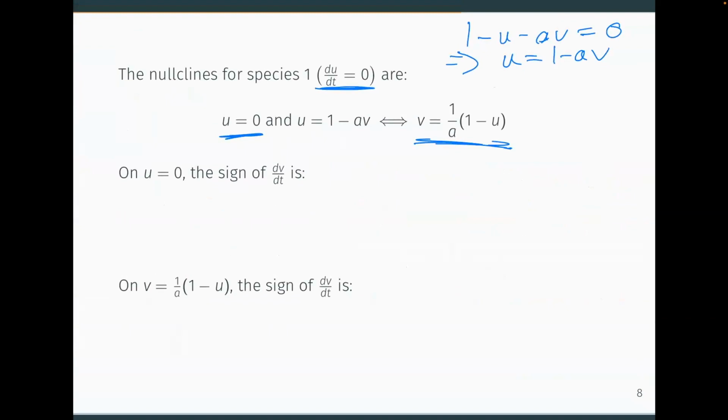And generally, I will tend to write nullclines in the form of whatever is on my vertical axis as the thing on the left-hand side. That's completely arbitrary. It's just that typically we write straight lines in the form y is equal to mx plus c, as opposed to x is equal to y over m minus c over m.